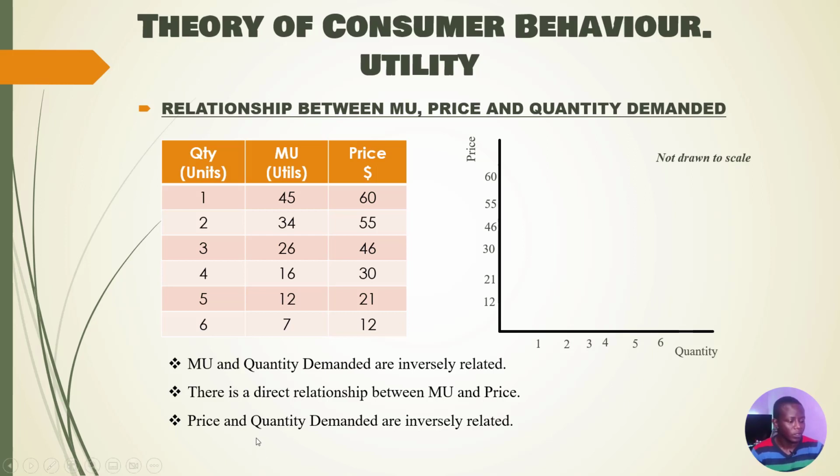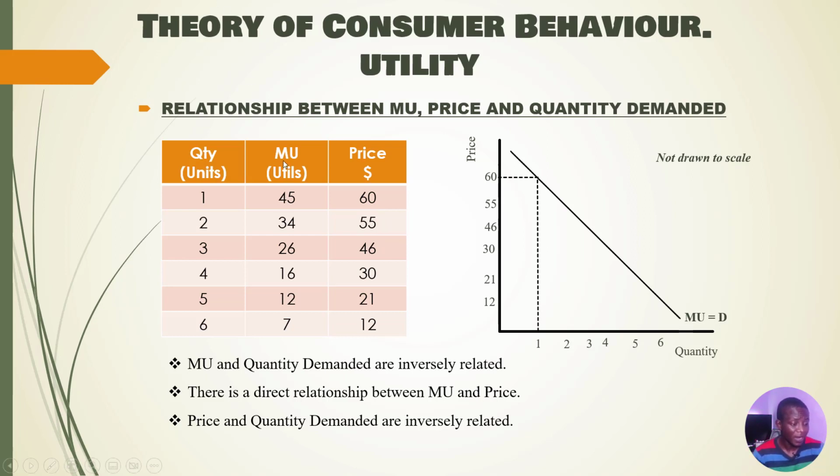Okay, so the last relationship is that price and quantity demanded are inversely related. This can be seen from the table here. Now let's use the graph to explain this. Realize that at price $60, the quantity demanded of that commodity was 1.